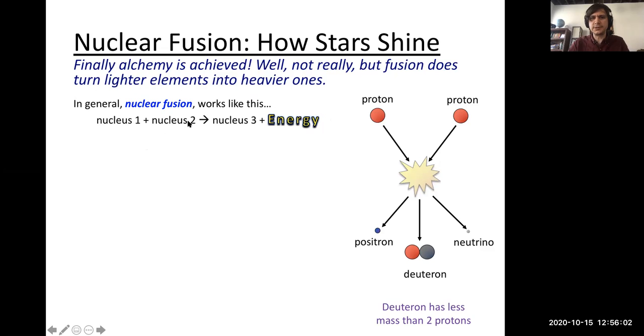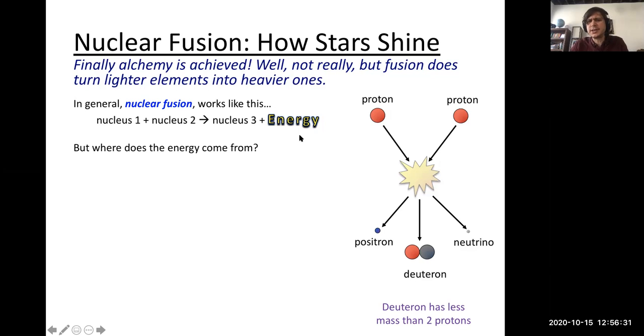So nucleus 1 plus nucleus 2 become nucleus 3 that is more massive, a heavier element, and you get energy out. So two lighter nuclei fuse to form a more massive nucleus, and you get energy out. So two protons come together to form, say, a deuteron. A deuteron would be the nucleus of a deuterium.